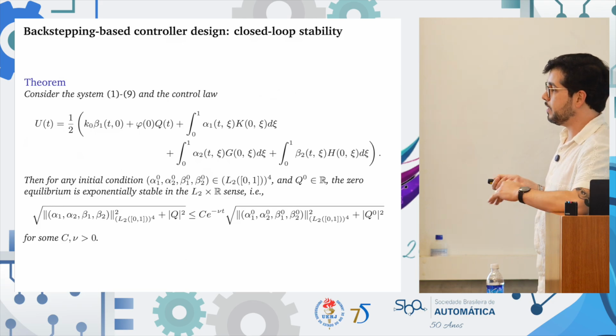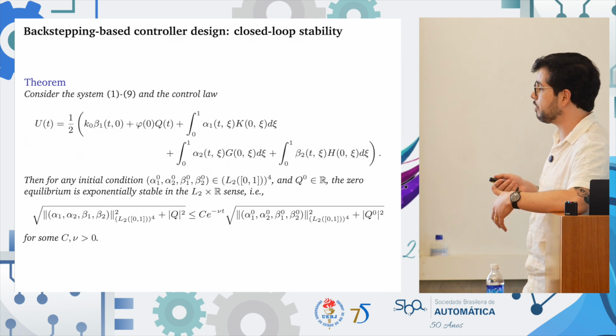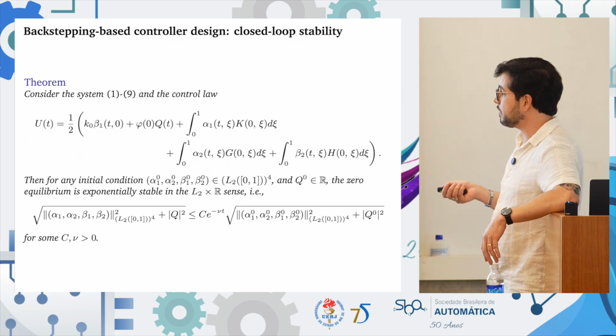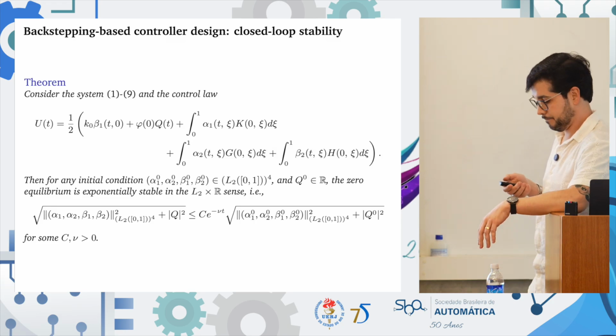And for any initial condition in L2 and Q in R, we get that the zero equilibrium is exponentially stable in L2 Cartesian R, okay? Which means that the states are decreasing, satisfying this inequality here, okay?